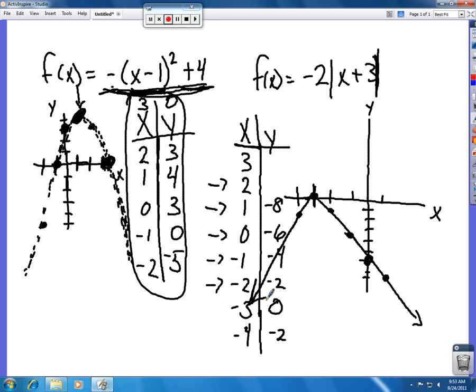So now, knowing the tricks that we've already learned in this section, you should be able to look at this and know your origin. This origin is simply getting bumped over 3 spots because of this. You're adding 3 to it, but it's included in parentheses, brackets, or in this case absolute value with your x.